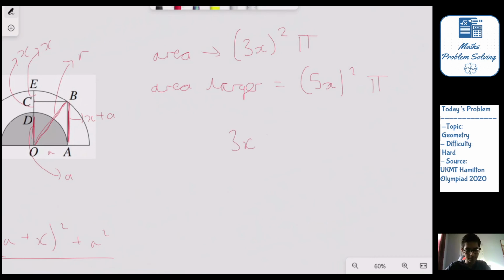Therefore, the area scale factor must be in proportion to this, so 3x squared to 5x squared. We don't need to expand out these terms. The ratio is going to be 9 to 25. That's our final answer: 9 to 25 is the ratio.